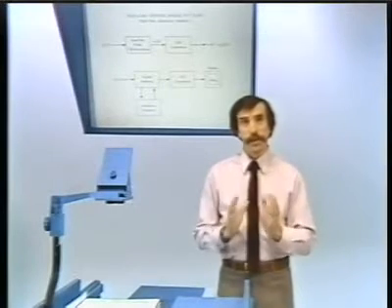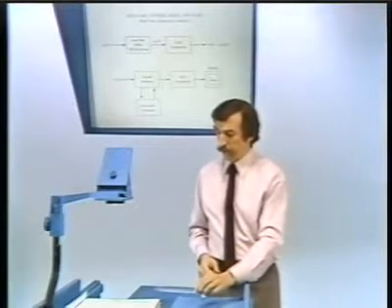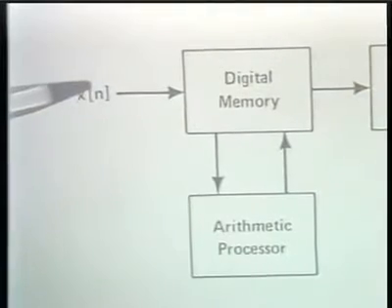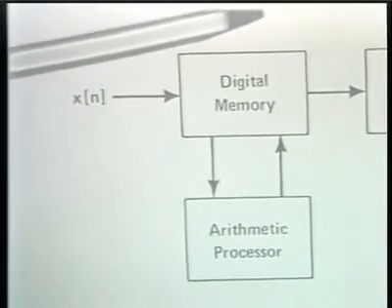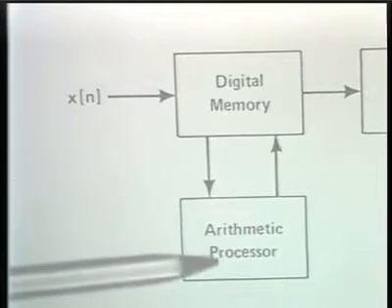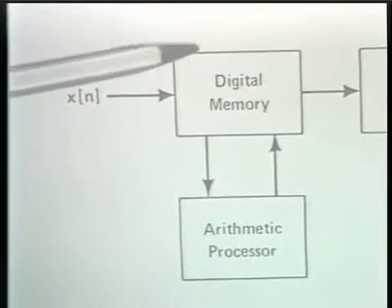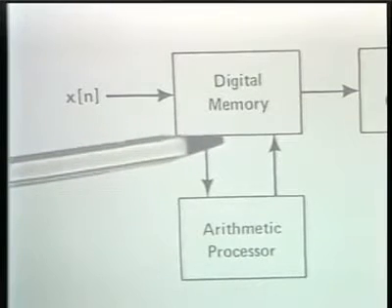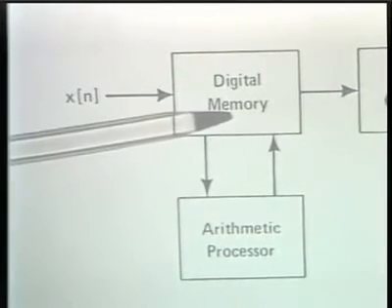Basically, a time block of it is put into digital memory, and so that's what we have down here. Here is the sequence. The sequence is put into digital memory, and then an arithmetic processor computes for the samples in this memory the Fourier transform or the spectrum.